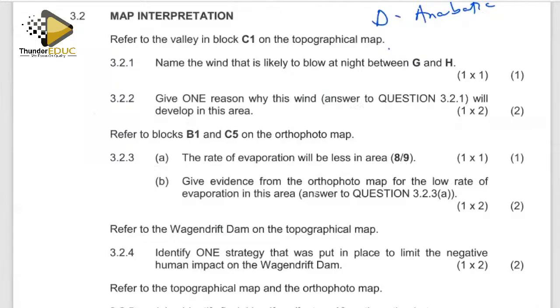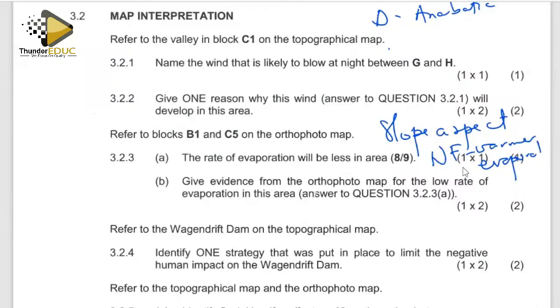Right, the rate of evaporation will be less in area 8 or 9. With that, we refer to slope aspect. You need to check on slope aspect on the map. When you're talking of slope aspect, you are looking at the inclination of slopes. Which side is faced by the slope? In the southern hemisphere, we know well that north-facing slopes are warmer, and that is where we're likely to have high evaporation.